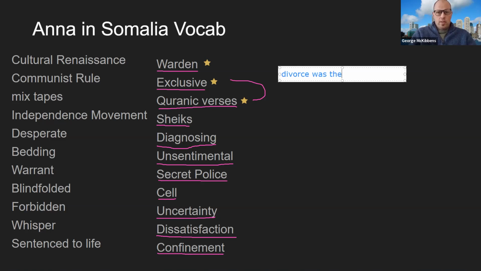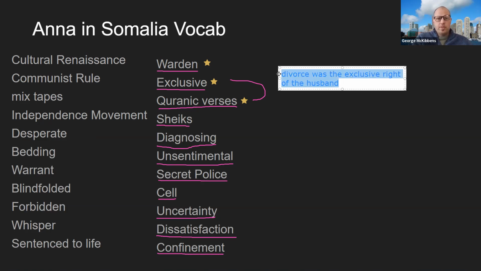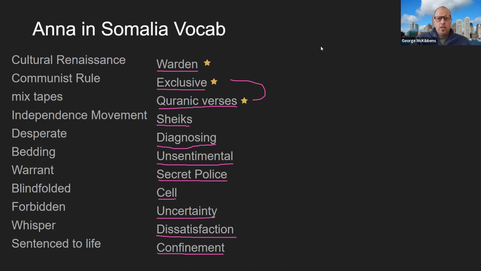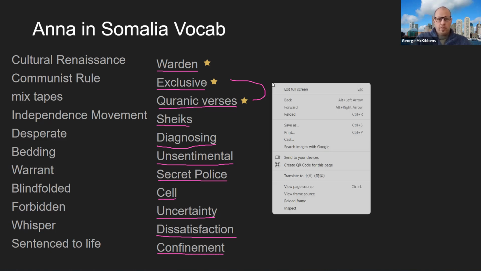Divorce was the exclusive right of the husband. So this comes up in the story right about 10 minutes in. So in a traditional Muslim society, according to Sharia law, to get a divorce, the women are supposed to get the permission from their husband. It's just like a get in a Jewish culture. However, Ismahan is in a weird situation. Ismahan doesn't know where her husband is.